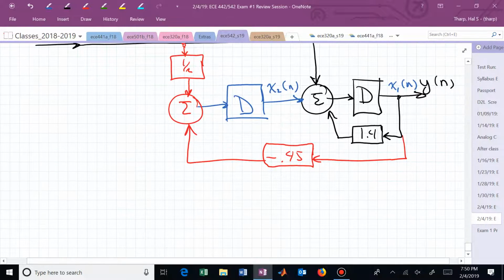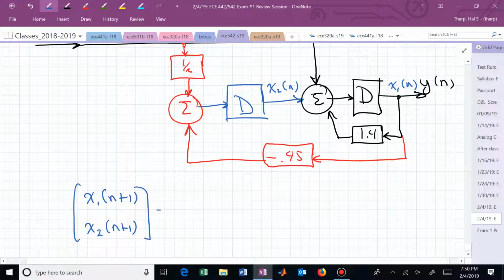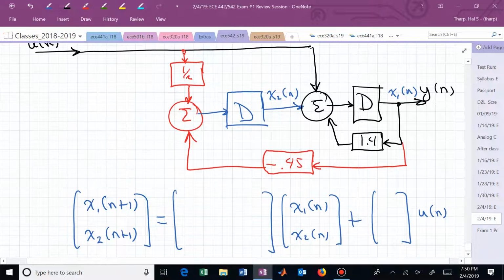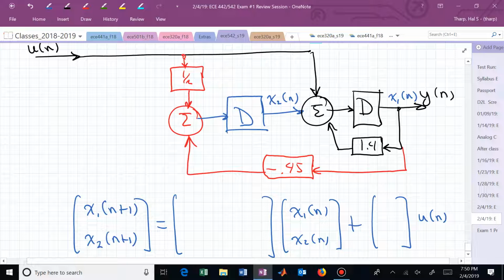But now if I said what's the state space representation, I now have x1 of n plus 1, x2 of n plus 1 equaling some linear combination of x1 and x2 and a linear combination of u. What makes up x1 of n plus 1?